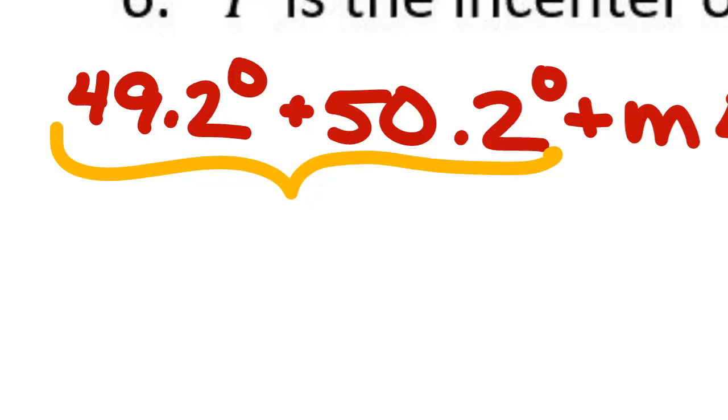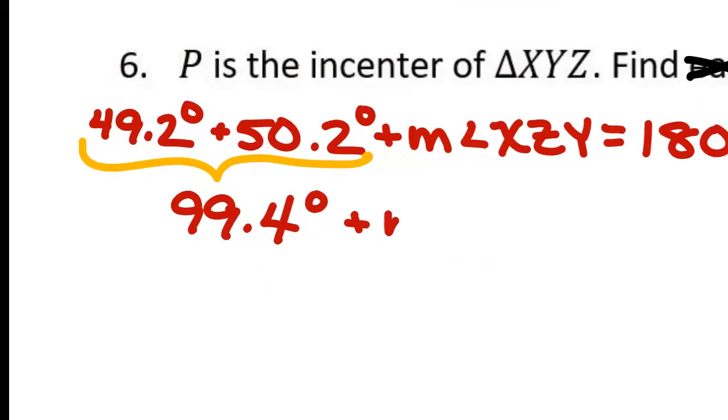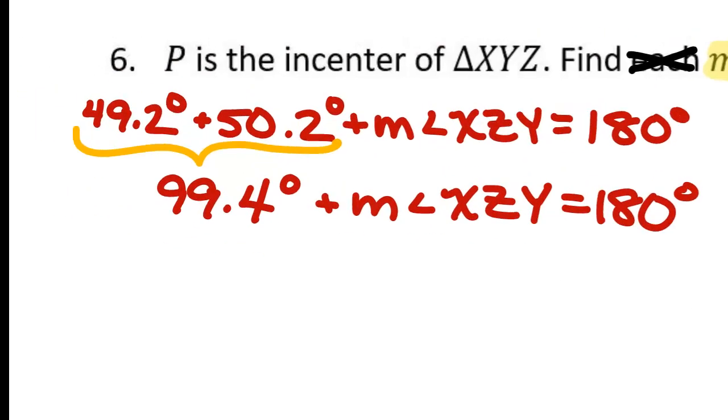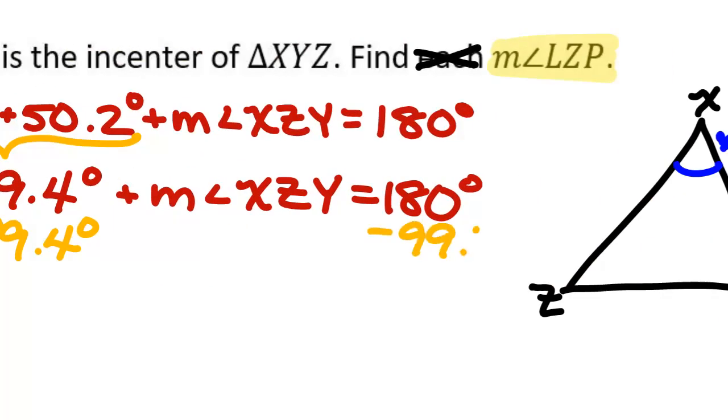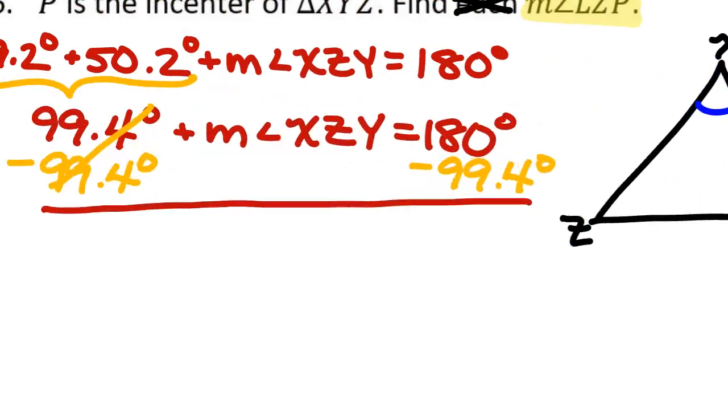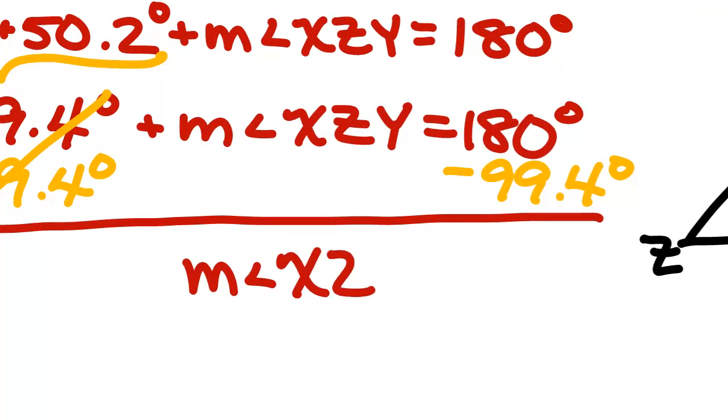What is 49.2 plus 50.2? 99.4 plus the measure of angle XZY is equal to 180. Then I'm going to subtract 99.4 from both sides. What is 180 minus 99.4? 80.6.